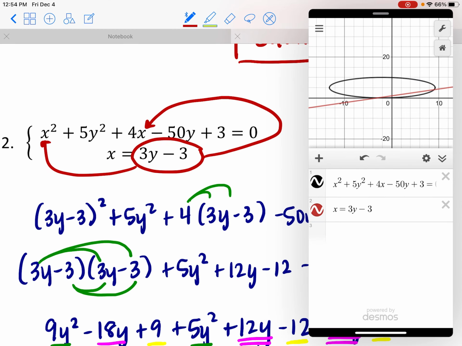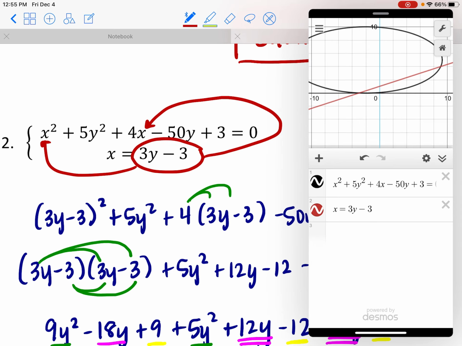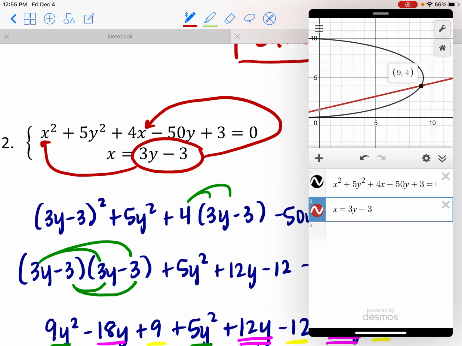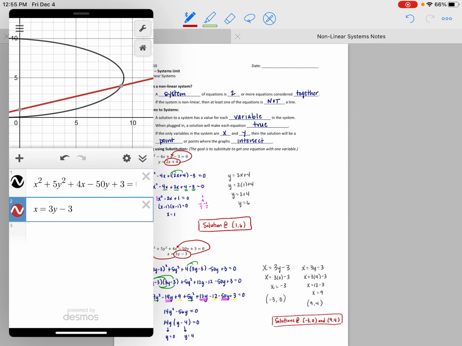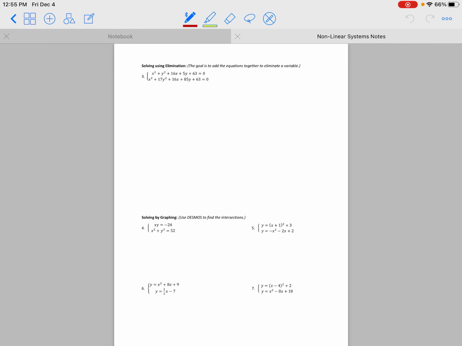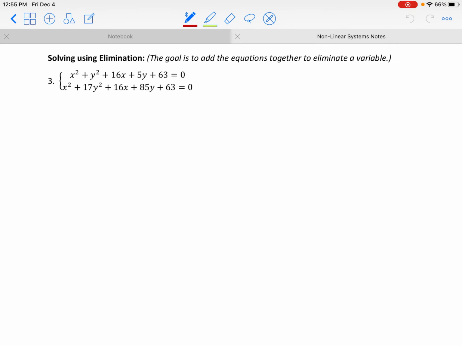And looks like, okay, so there you see the elliptical shape I was talking about, and you see the line that goes through it. So we have two solutions. They're crossing at (negative 3, 0) and (9, 4), which was exactly what we said. So we're good. Okay, so that's substitution. Substitution works again nicely when you have a variable all alone.